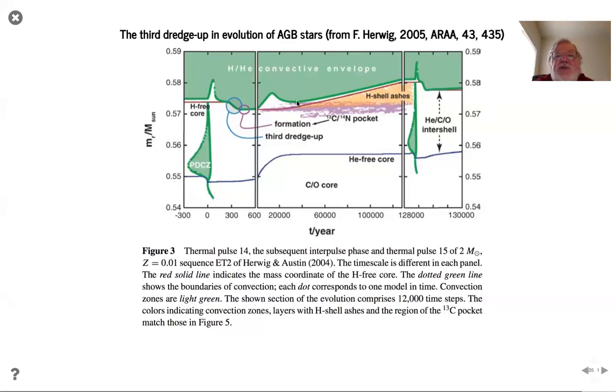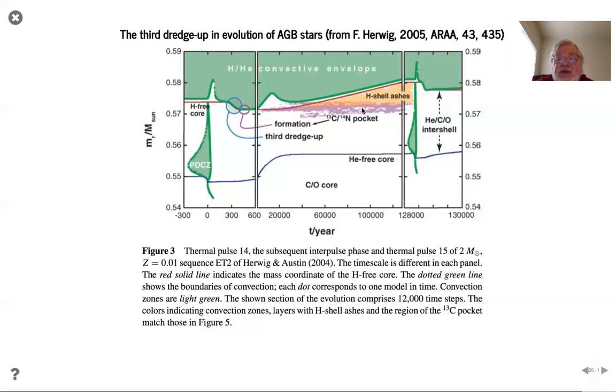Later, when the bottom of the convective envelope recedes, these protons in the carbon-12 rich region are captured by carbon-12, which produces carbon-13. Carbon-13 captures an alpha particle, and this reaction releases neutrons. Therefore, it is believed now that the s-process in low mass AGB stars occurs in this region, which is not convective.